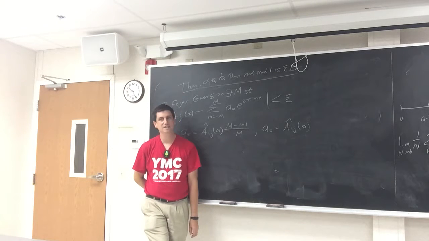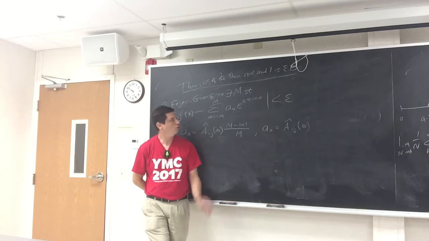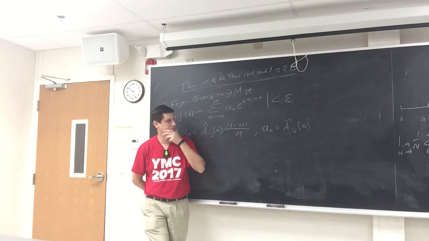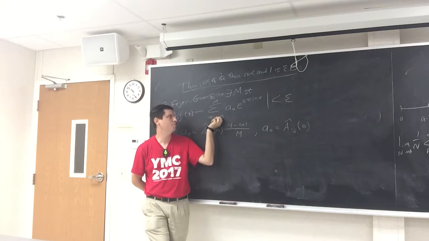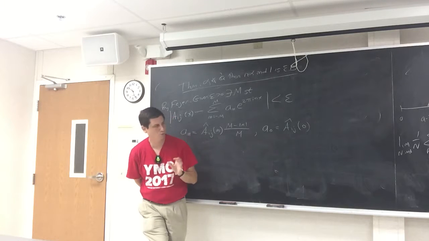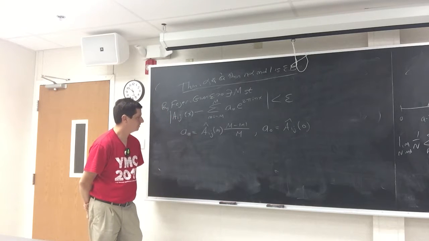There's only one thing that I've done slightly wrong, but it's minor and it can be fixed immediately. Oh, no, actually, no. I'm sorry. It's fine as is. Because Fourier's theorem gives us something that's symmetric in terms of m goes from minus M to M. So we're absolutely fine.